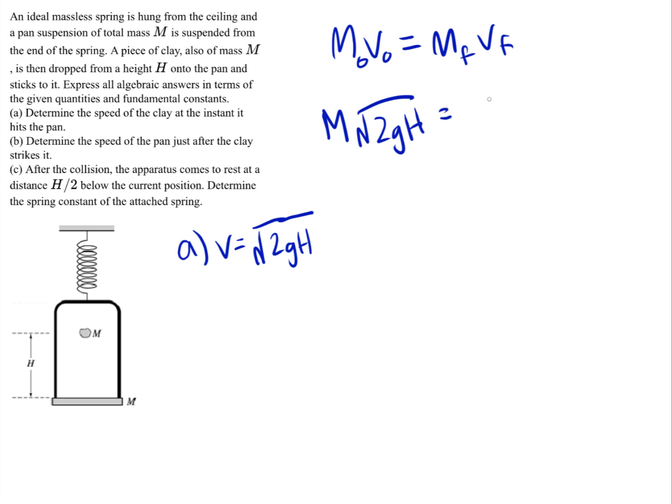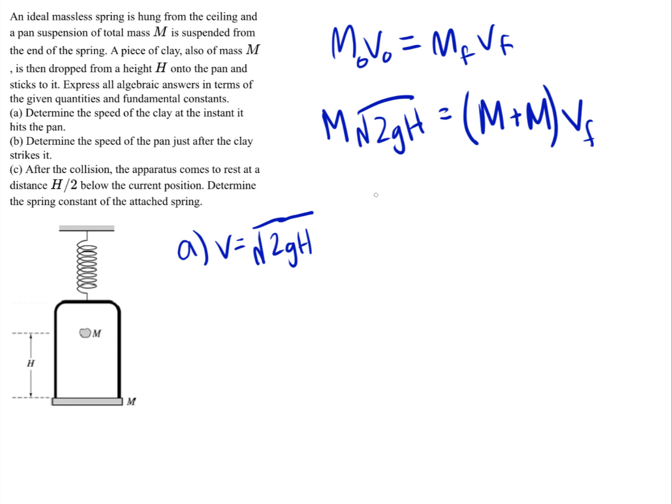That is equal to the total mass after the impact, which is m plus m, since the clay sticks to the pan and they both have a mass of capital M, multiplied by their final velocity, which is what we're trying to find.